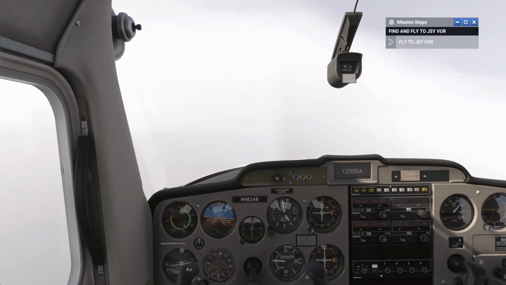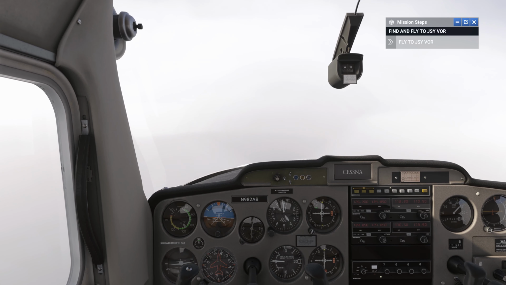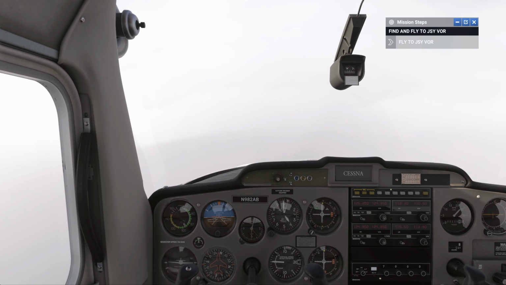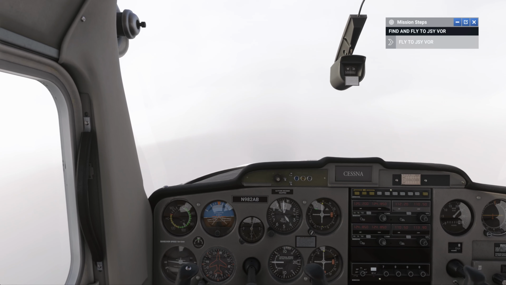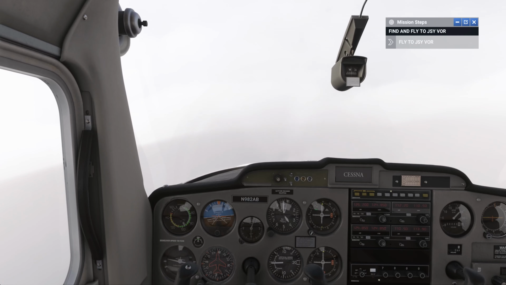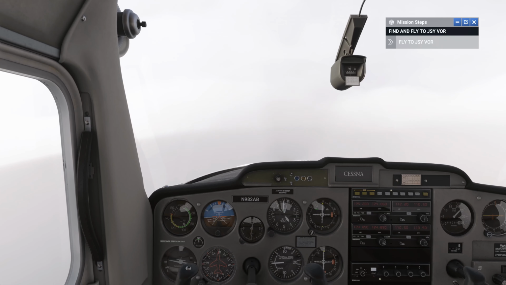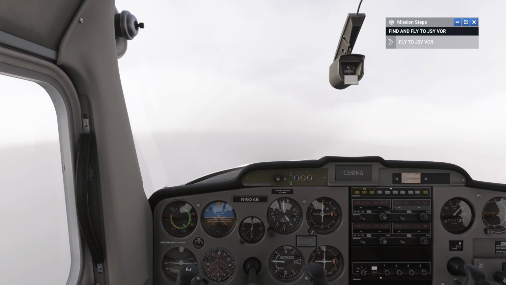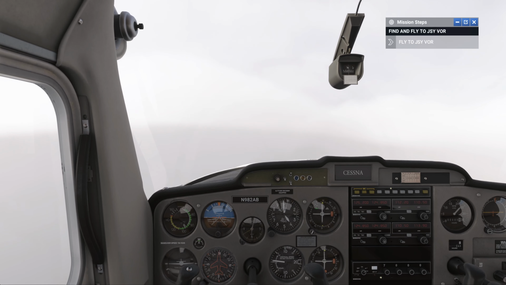So I'm moving a bit to the left, turning left, given that the needle is not centered. It's turning back, of course. Maintaining altitude and heading centered.